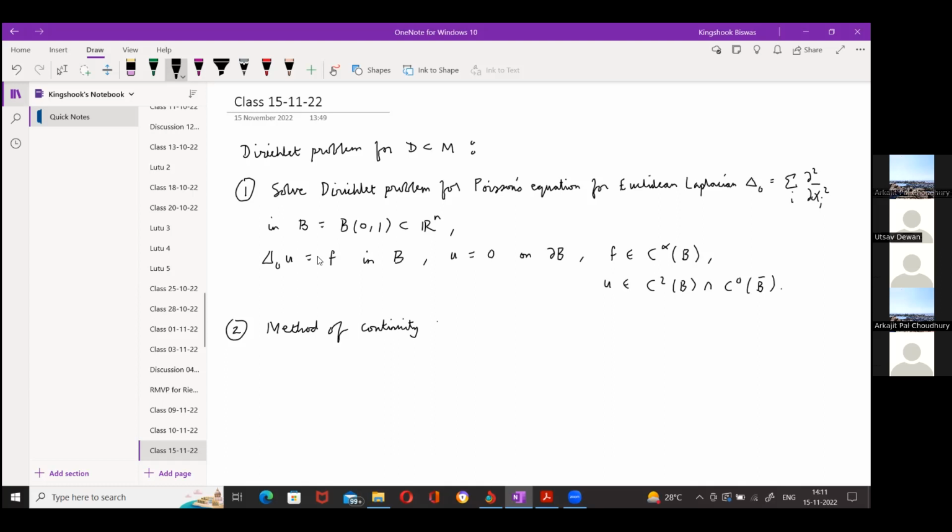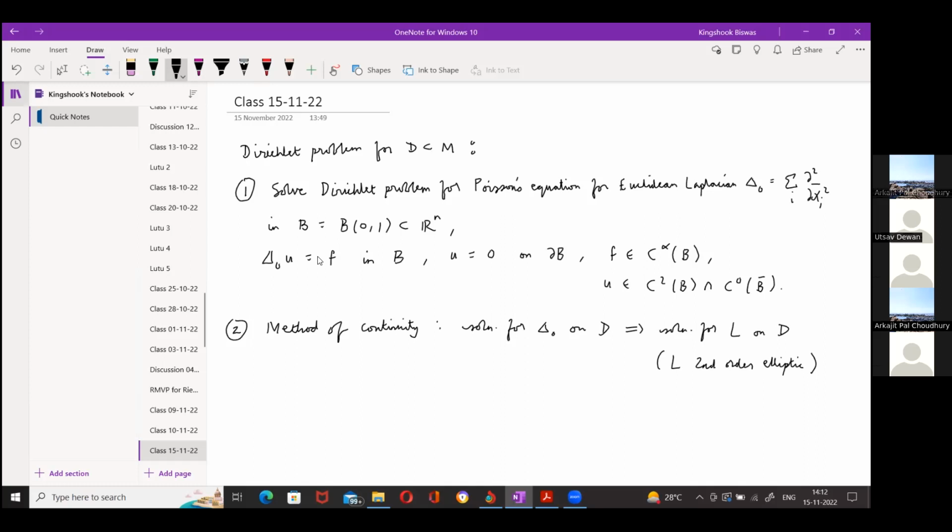Okay, so solution for delta naught on a domain D implies solution for L on D. L was second order elliptic.